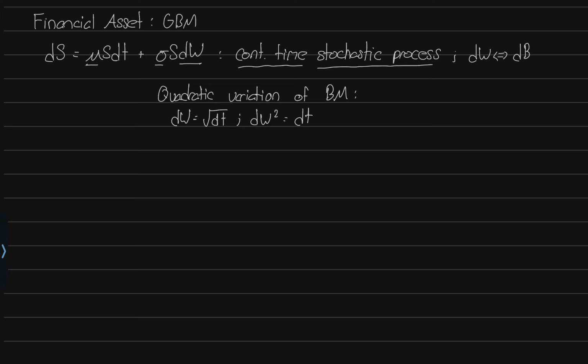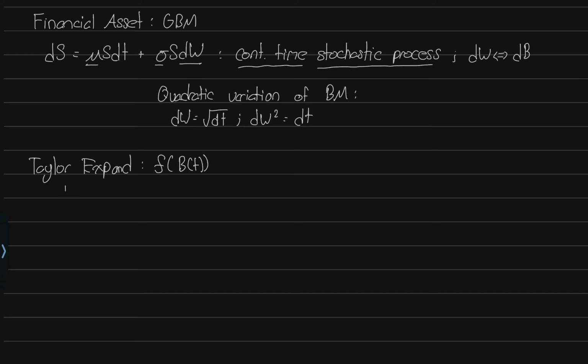And another topic that I want to brush up on that we discussed more recently is when we want to Taylor expand when we have a function of some kind of Brownian motion.